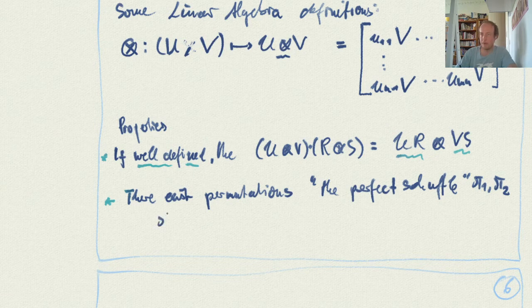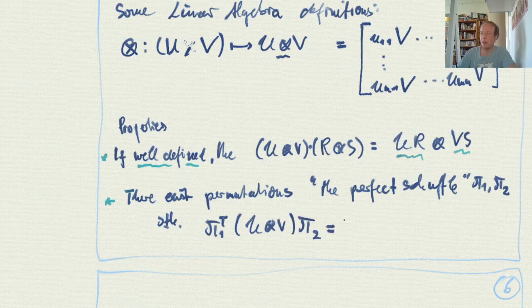So that Pi1 transposed times U times V times Pi2 is V times U. Like most products, the Kronecker product is not commutative, so one cannot change the order here, but one can always resort them.